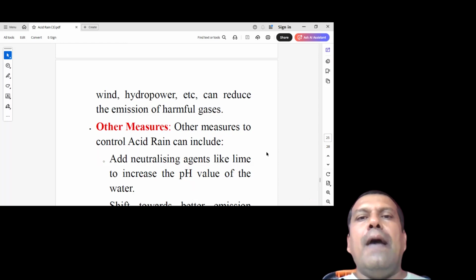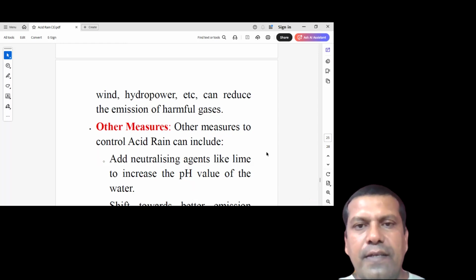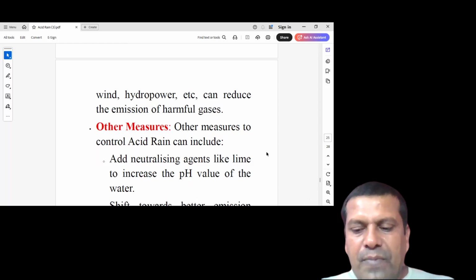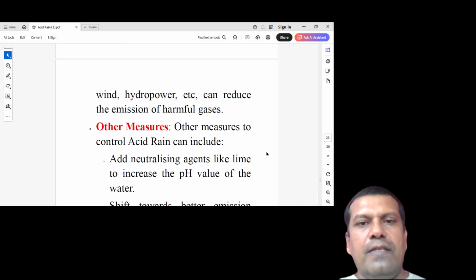They are blessed with sufficient solar energy, so these countries can produce more solar energy to generate electricity and make use of it in our day-to-day lives.